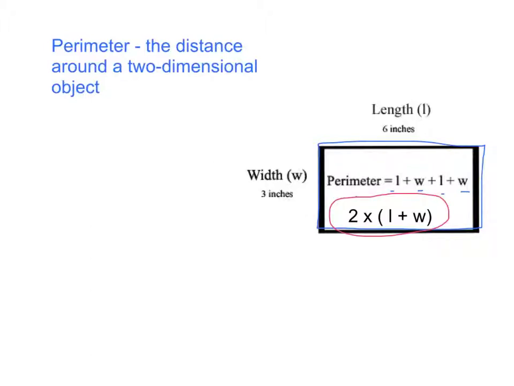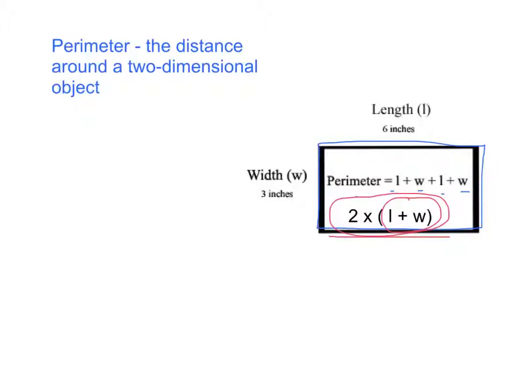Stop the video now and write the definition for the word perimeter. Great. You're doing a fantastic job. Now we're going to write the formula for perimeter. And I'd like you to use the formula that I've circled here in red. If we follow the order of operations for that formula, we would always be adding the length plus the width first, and then we would go back and do 2 times whatever the length plus the width was.